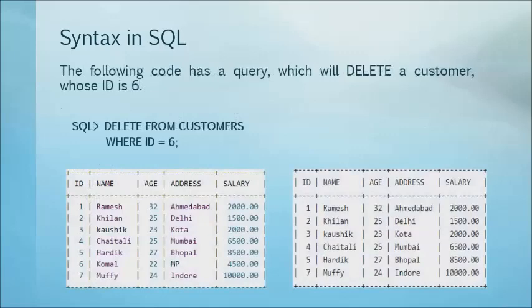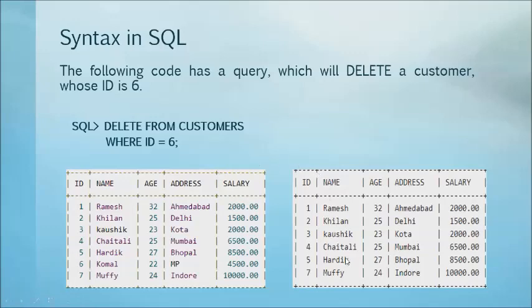So the following code has a query which will delete a customer whose ID is equal to 6. So we have the SQL statement delete from customers where ID is equal to 6. So this is our customers table, and then we will be deleting ID number 6, which is Komal, 22, MP, 4500.